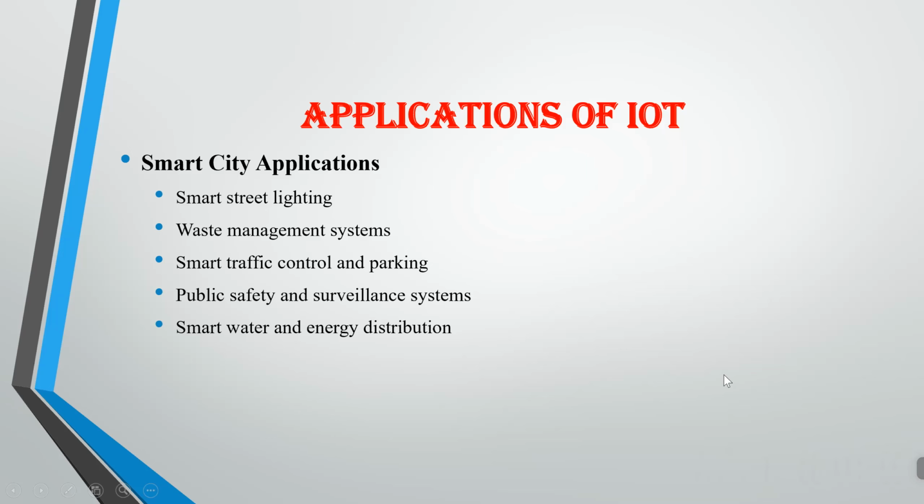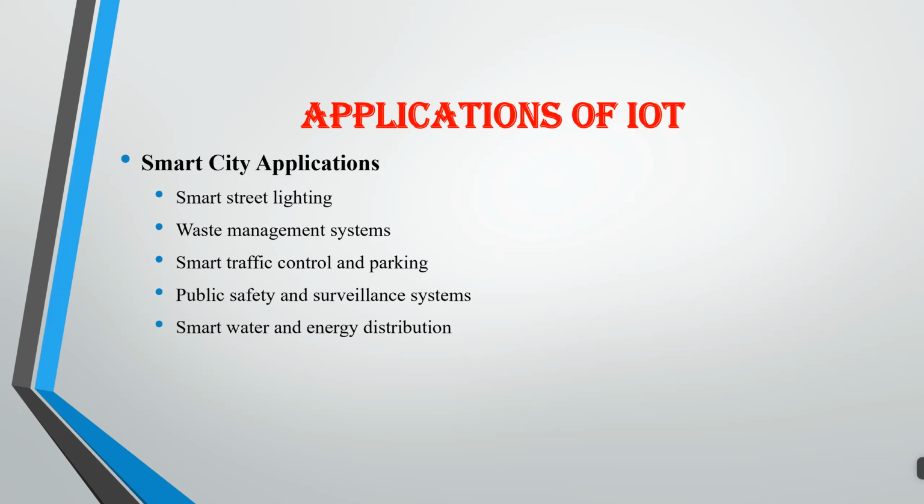The applications of IoT are also seen in smart city applications. We know it. Smart street lighting, wherein the street light will function only when it is required. The street light won't be wasted. During daytime, street light will be automatically off. During night time, street light will be on.